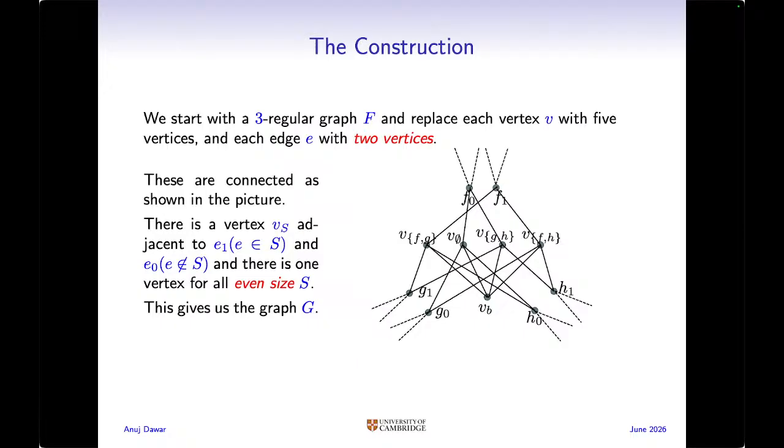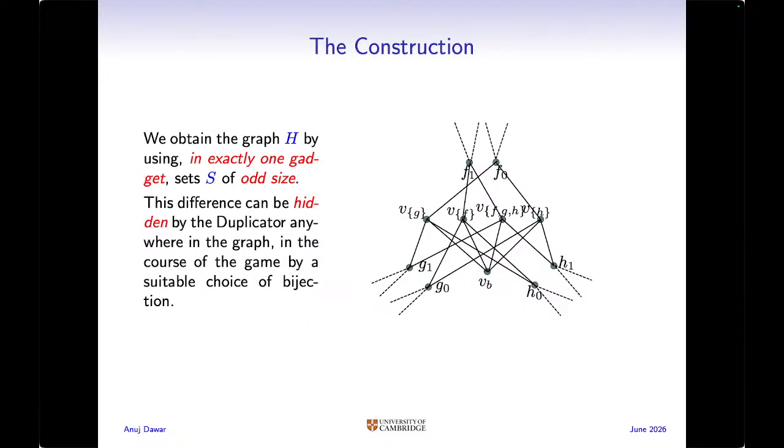That makes the whole thing a four regular bipartite graph, so we know it has perfect matchings, lots of them. Okay? And that's one graph, and for the other graph, in exactly one arbitrarily chosen vertex, you replace the gadget, so instead of even-sized subsets, you're taking odd-sized subsets.